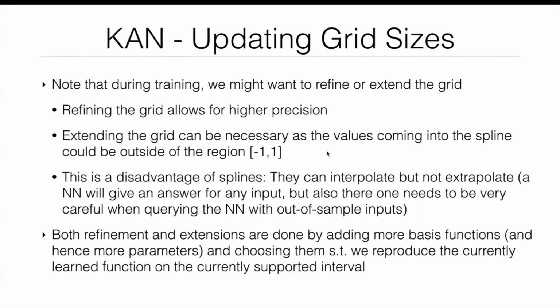Let me just briefly recap. We have nonlinear activations at edges and linear functions on nodes. The edges are learned from B-splines, meaning we have a set of basis functions with compact support, and we add them together, multiplied by some learnable parameter Ci.